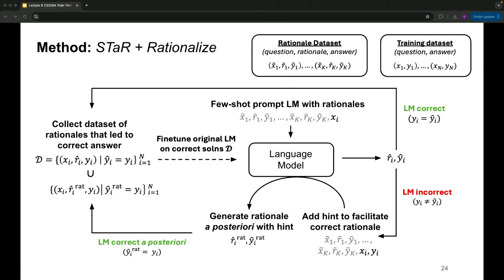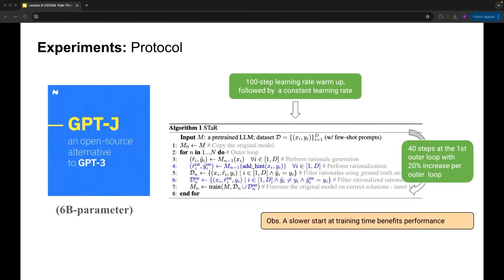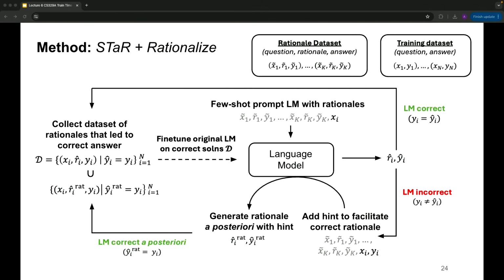So you basically have these two sets of rationales that you can fine-tune on, and you can do this process iteratively. You don't do it just once. Now the language model is perhaps able to produce better reasoning chains, so you can again start with your training data set, and whatever was not correct, you can redo this process.